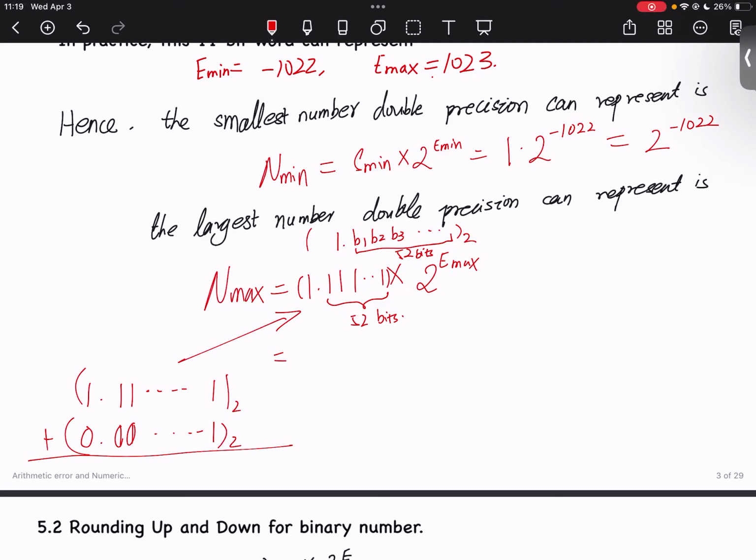But in the representation we only have 0 and 1. So to show you the operation: 1 plus 1 is 2, but we replace the 2 with 0 and carry a 1 to the previous place. Here we have 1 plus 0 plus 1, and again 1 plus 1 is 2, so we write 0 and carry a small 1 to the previous place. Then we have 1 plus 0 plus 1, and once again this is 0.